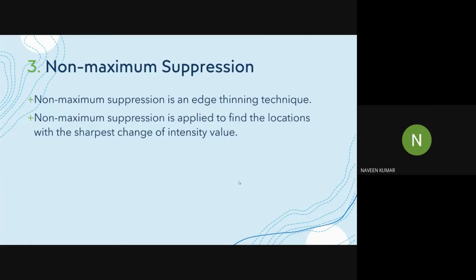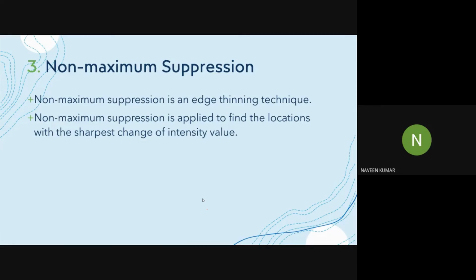So the third stage in Canny edge detection is non-maximum suppression. It is an edge thinning technique. After applying the Gaussian filter and finding the gradient, we get an image with intensity, which gives thick edges.